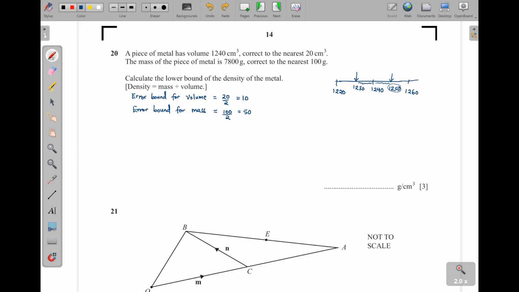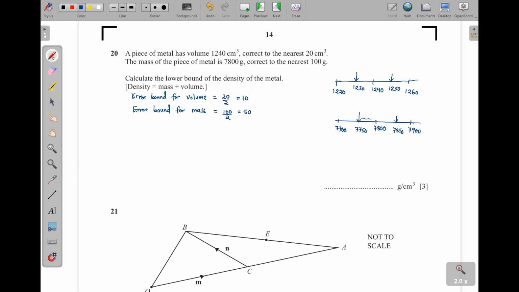The same thing with this one here. Now for this one, this is 7800 nearest 100, so we shall go to 7900, and then this is 7700. So you go halfway. This one will be 7750, and then this one will be 7850.